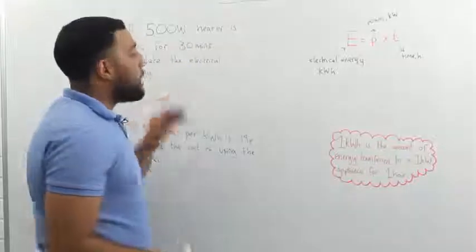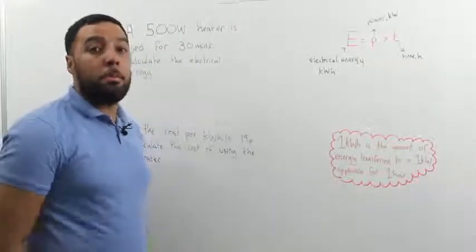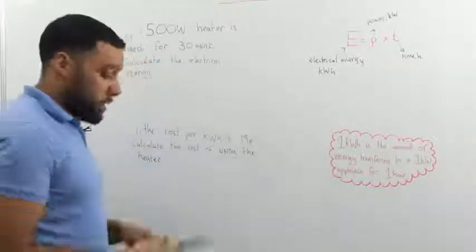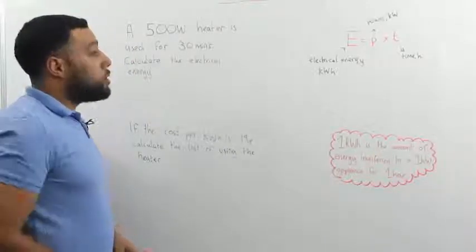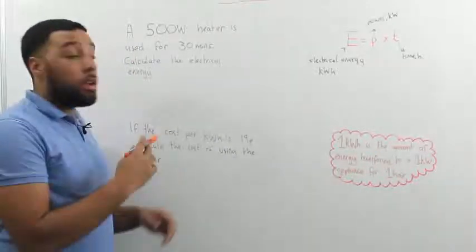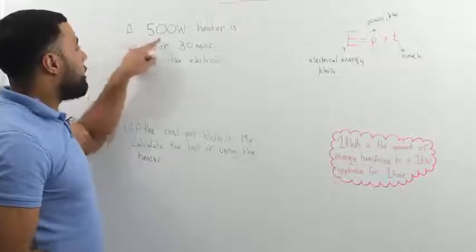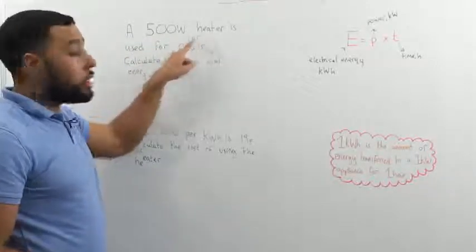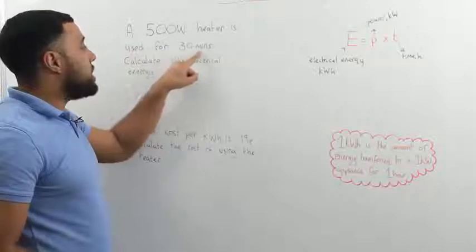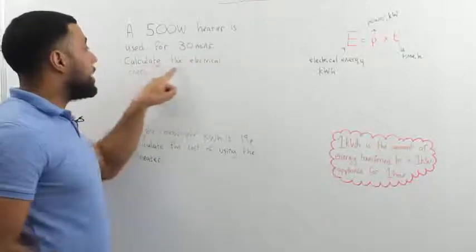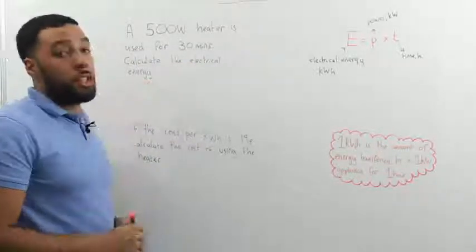So let's try and put that into an exam question. You could get something that looks like this, and it would say a 500 watt heater is used for 30 minutes. Calculate the electrical energy.